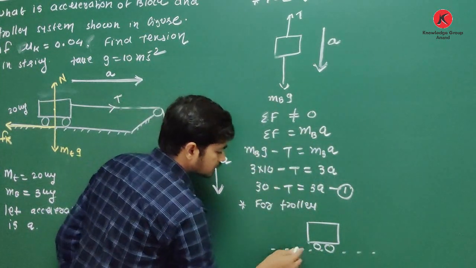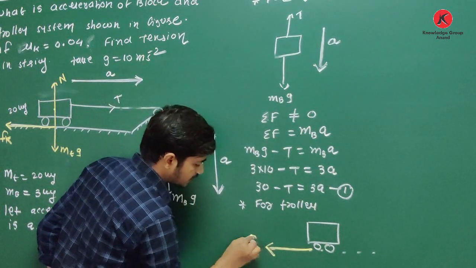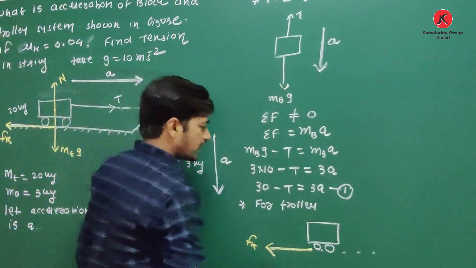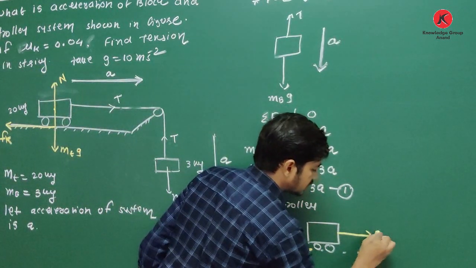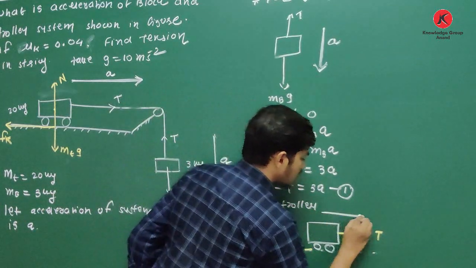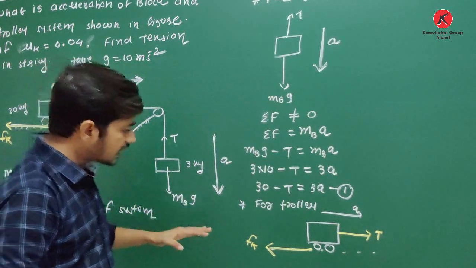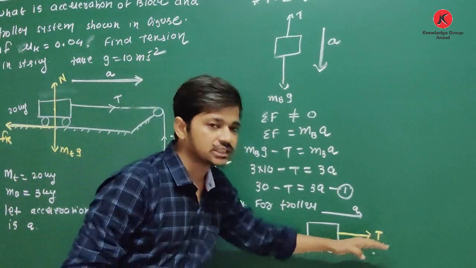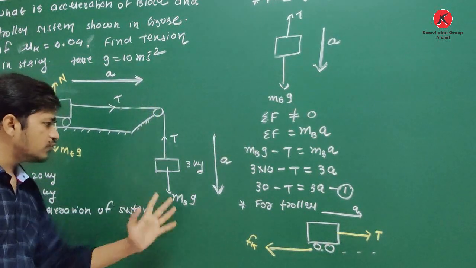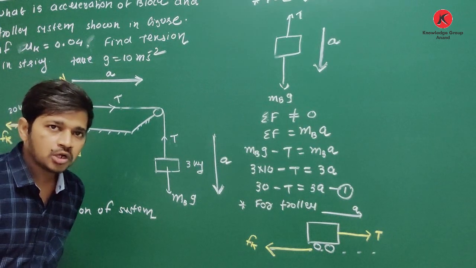Friction force is acting in this direction, that is Fa. Yes or no? Yes, it is. So tension is produced in this direction, and under the effect, this trolley is moving with acceleration A in this direction. So the trolley is moving in horizontal direction, and this block is moving in vertical direction. Clear about this? Any doubt?